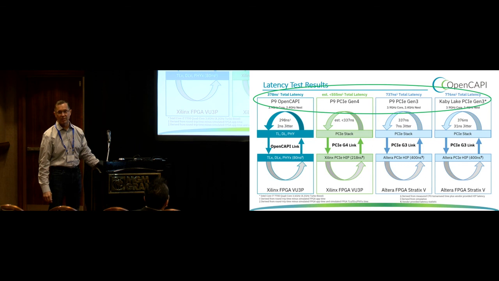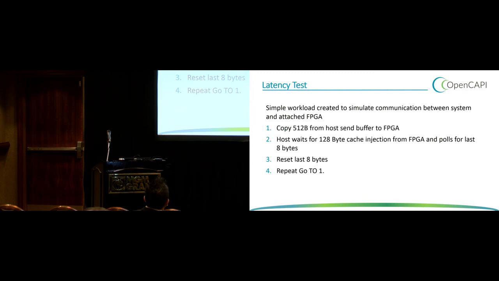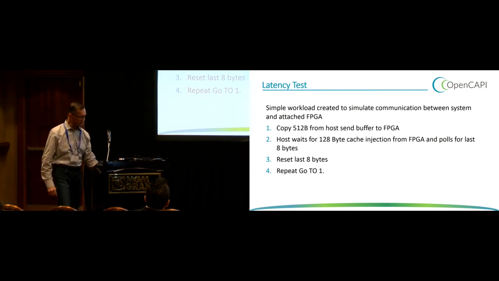We've done enough benchmarking now that we're pretty bullish about this thing. What's the transaction size? It's a simple test that we ran. That's all we wanted to do, just get something out there that says, okay, what does it look like, to do an apples-to-apples compare. So nothing too complicated, just to create the traffic.